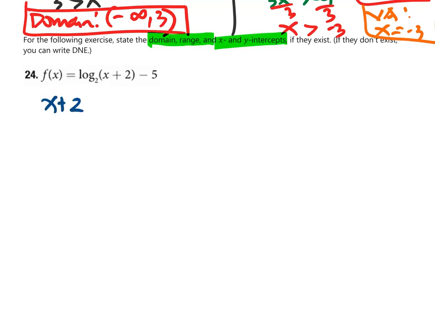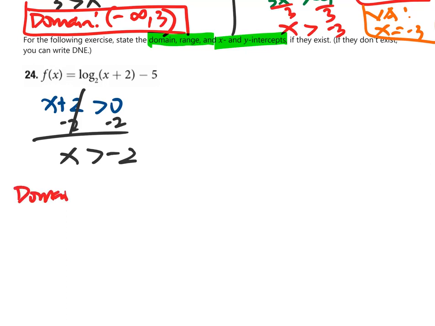Let's start with x plus 2 greater than 0. Then if we subtract 2, x is greater than negative 2. So with this, you can say that domain is greater than negative 2, so that is from negative 2 to positive infinity.